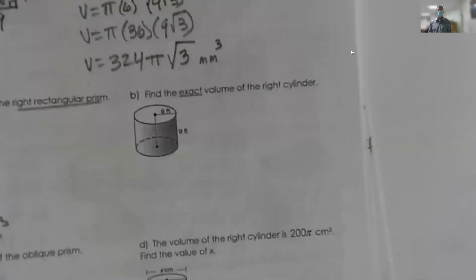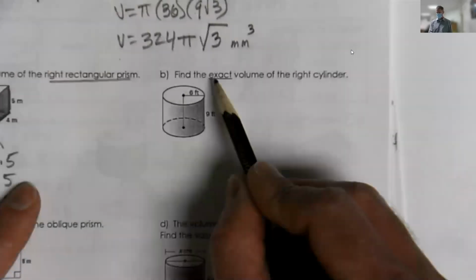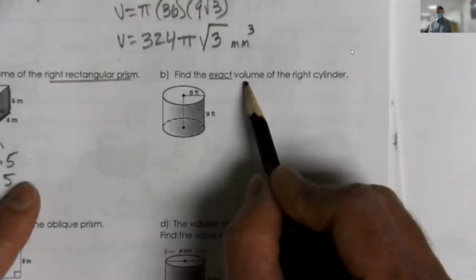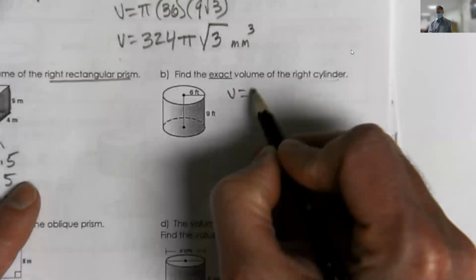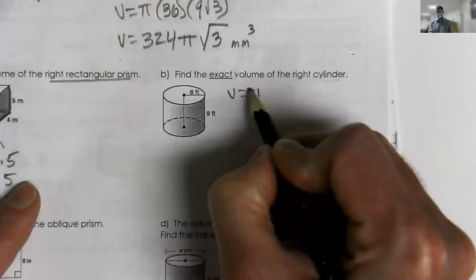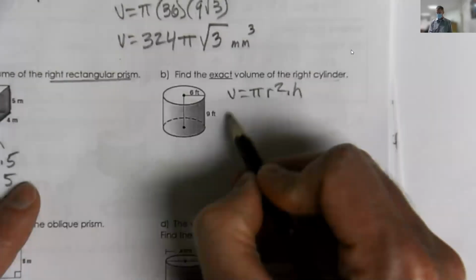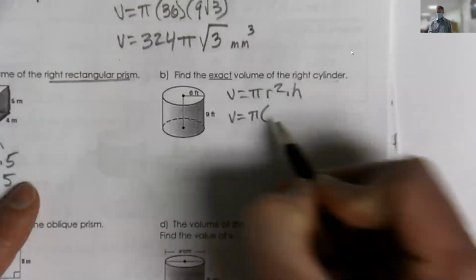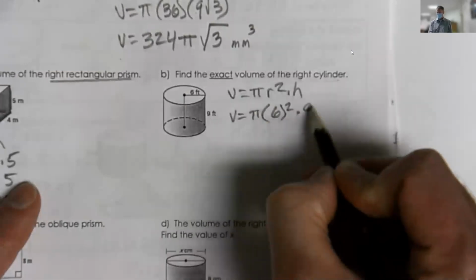All right, this one's kind of neat. We are going to calculate the exact volume. So we know that this is a cylinder. So we have pi r squared times the height. We know that the radius is 6 and the height is 9.